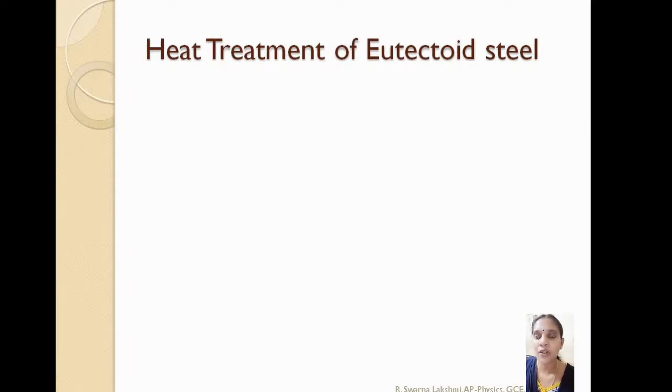And you must also note the stark difference between the compositions of eutectoid steel and the products. The composition of eutectoid steel is 0.8 weight % carbon, while that of alpha ferrite is 0.2 weight % carbon and cementite is 6.67 weight % carbon.